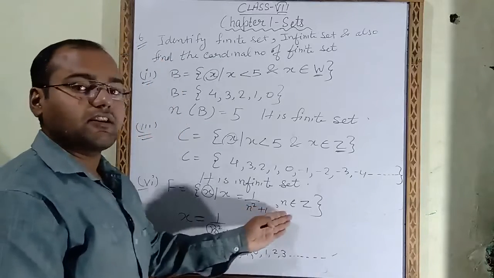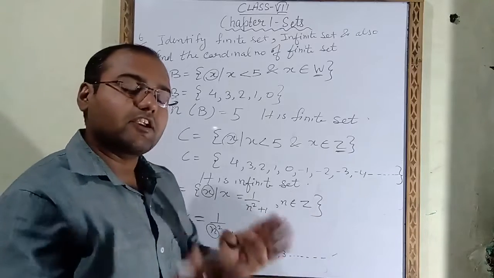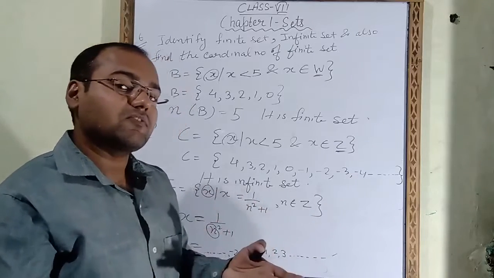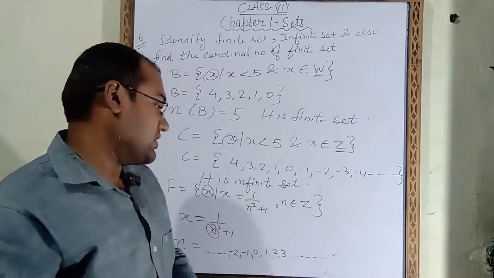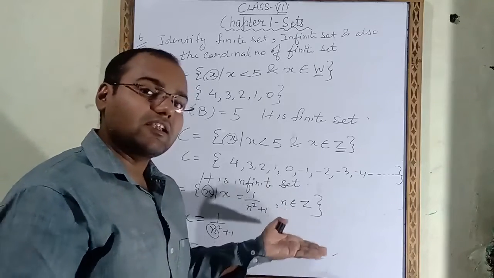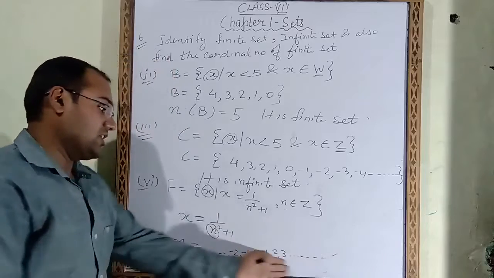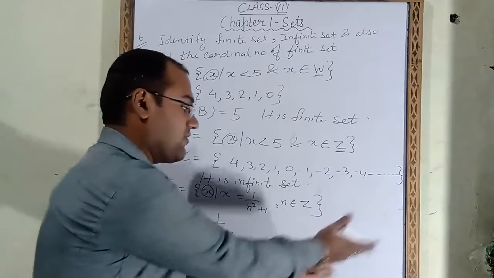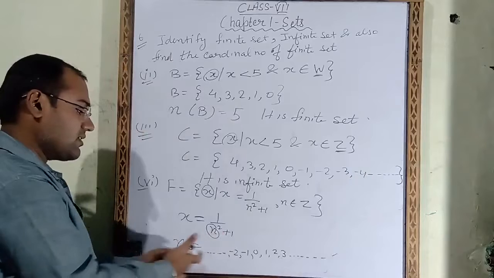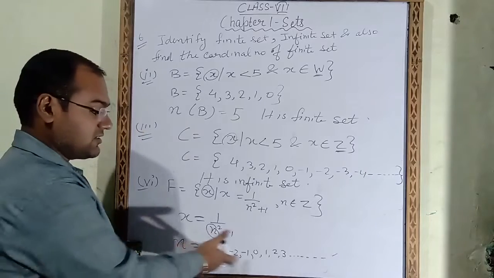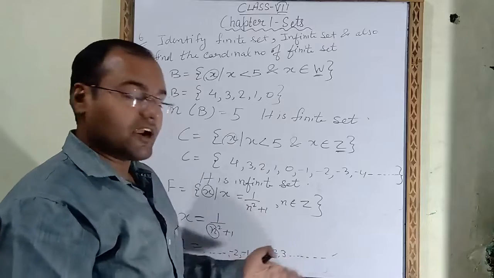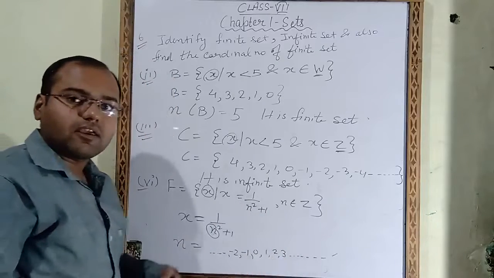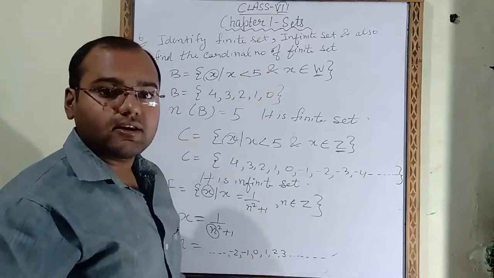So these are all the values of n. He said n belongs to integer, but he did not mention which integer we need. We don't know the start, and we don't know the end. He just said we have to take integers. We don't know where this series ends, and we also don't know where it begins. That means n values are infinite.